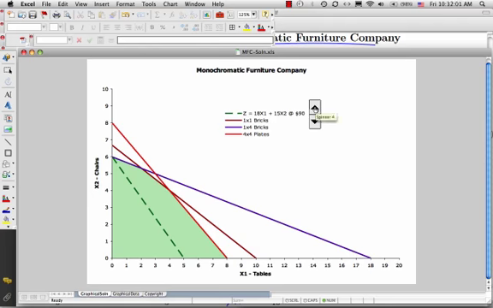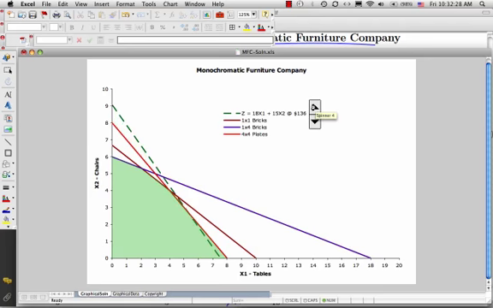So I've got these little spinners all set up here, and I just click on the spinner to increase my value of Z. So now you can see every point on this dashed green line represents a profit of $107. And we keep going until the last point in the feasible region that our line hits before we leave. That'll be our optimal solution.